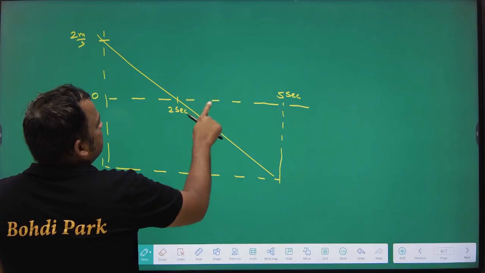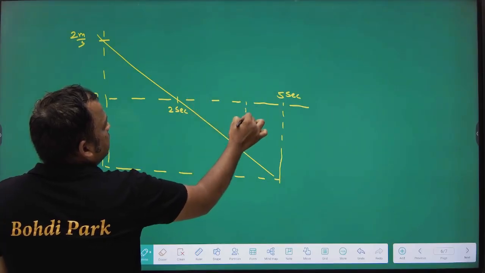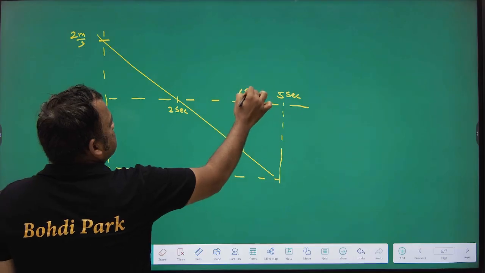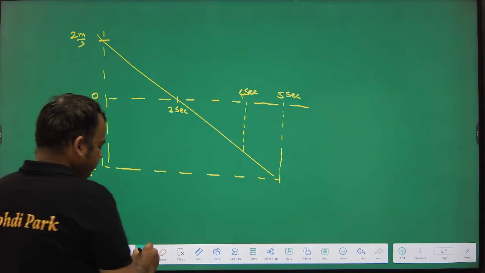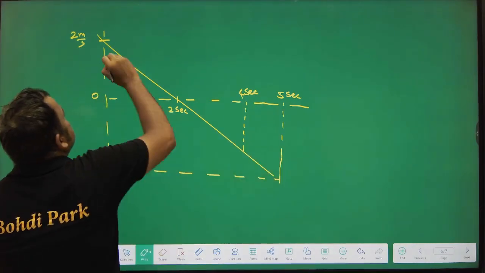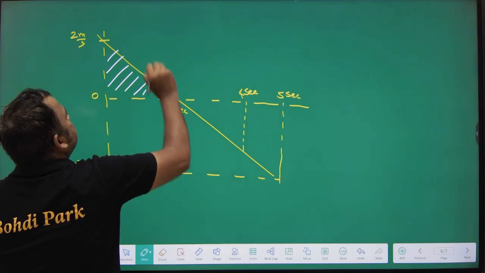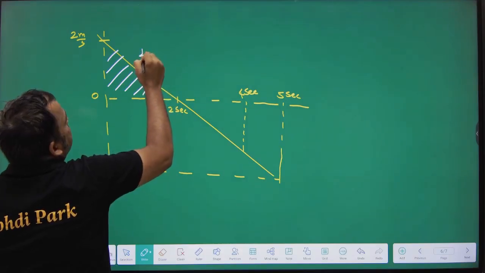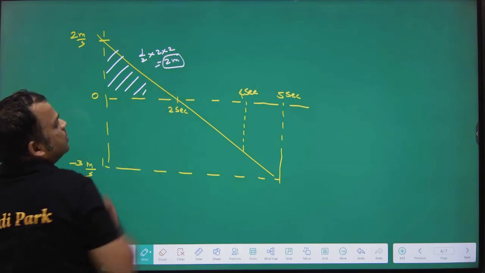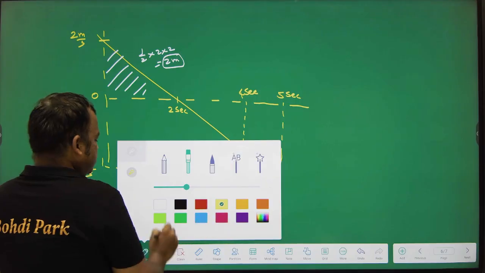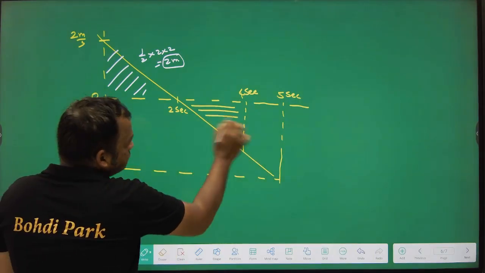So 2 second here, 3, 4. So somewhere here is 4 second. This area we have already calculated. This is half into 2 into 2. This is 2 meter.